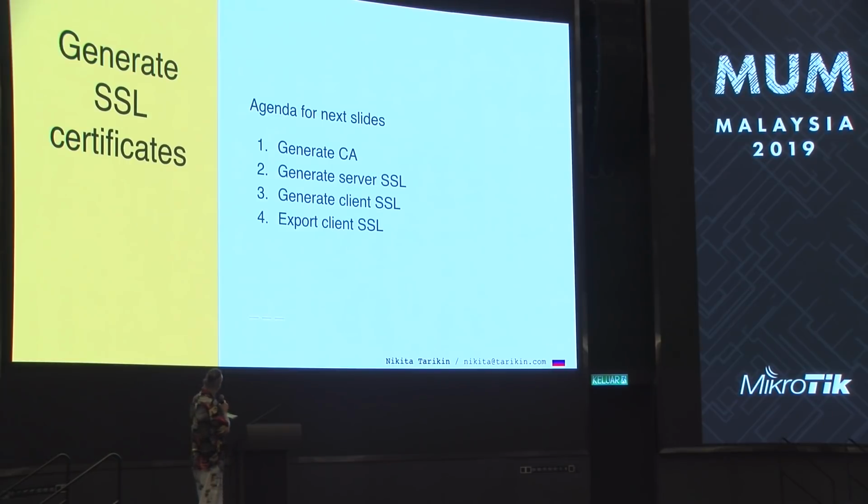Okay, next step is to generate certificates. We need to generate at least 4 certificates. If you already have your own certificate authority, you can skip this step. But let's assume you're working with a lab, with a brand new router taken out of the box. So these steps are important.